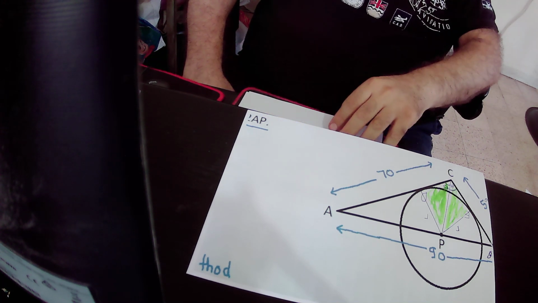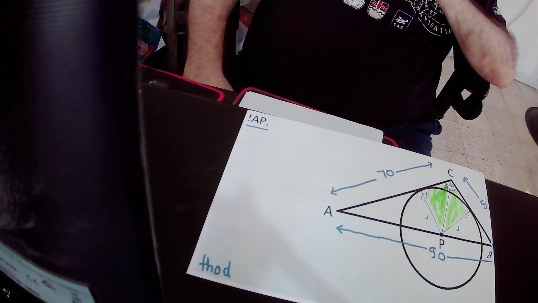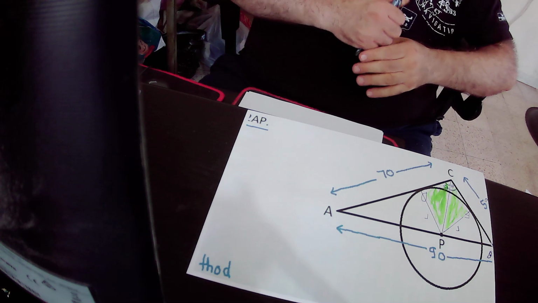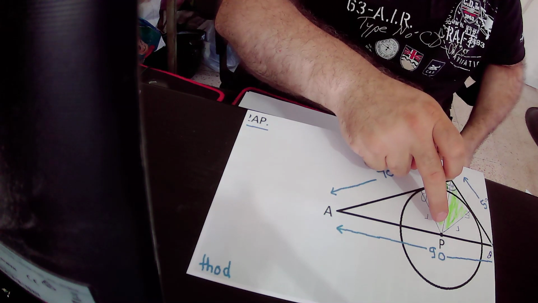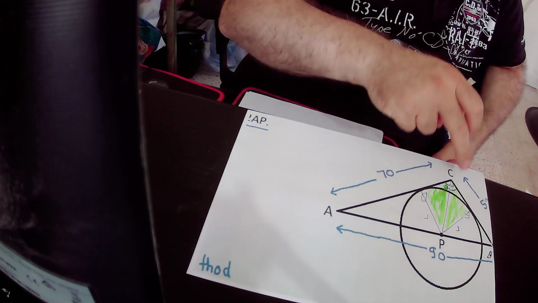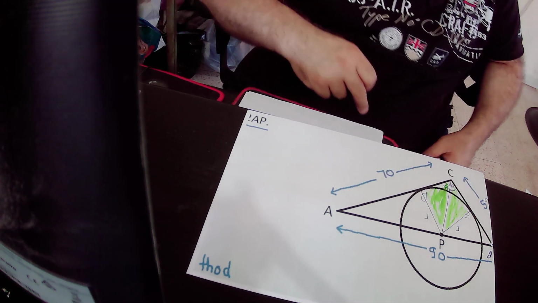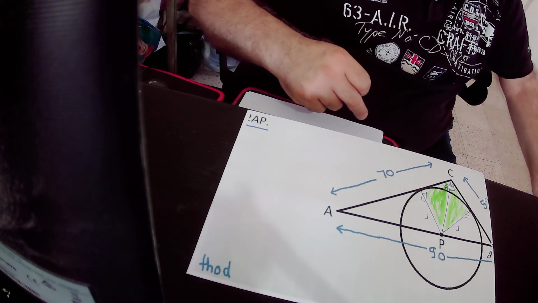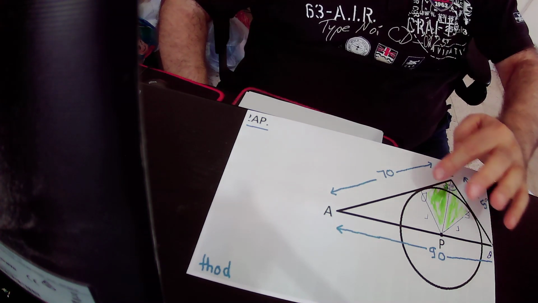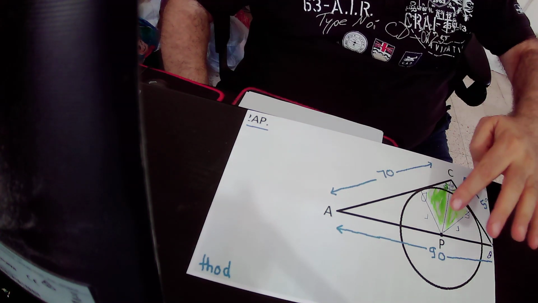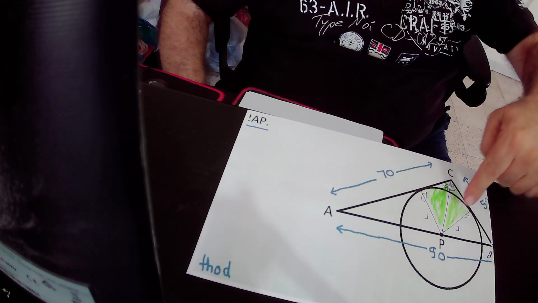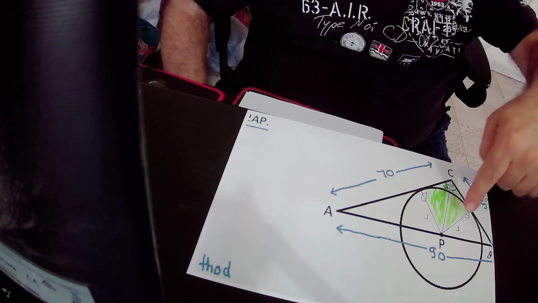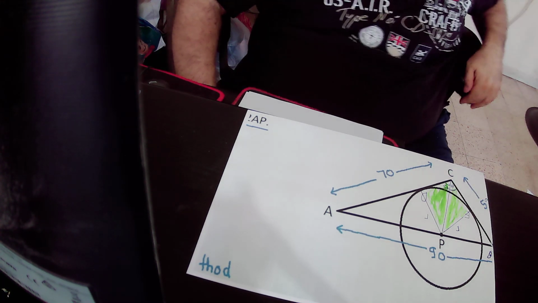First of all, we connected the points P and C together, and we connected points P and D, and PD is the radius. Also we connected points P and E, and PE is also the radius.